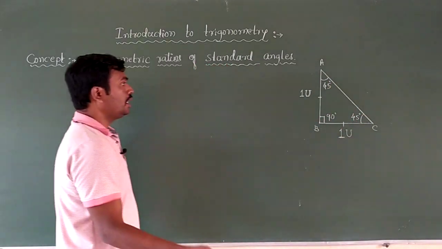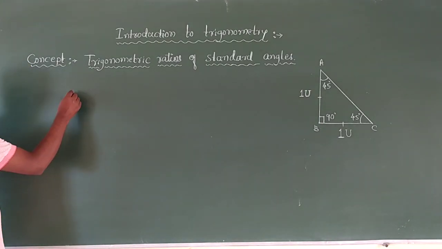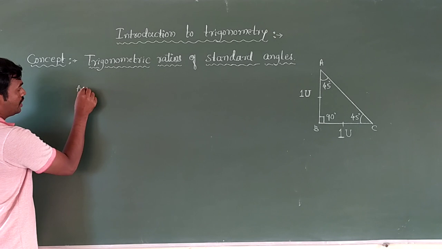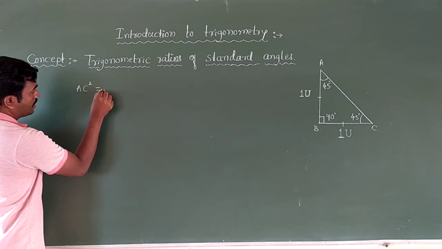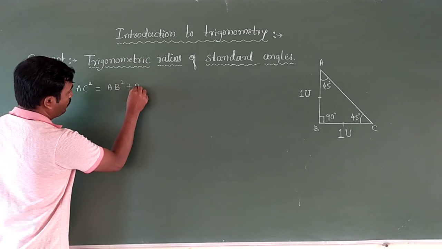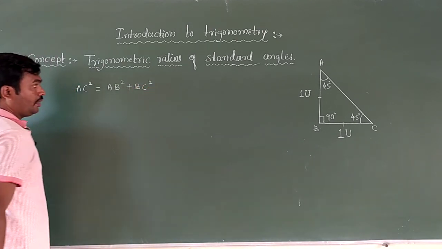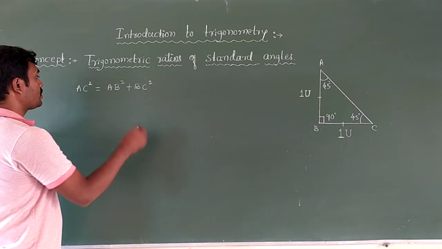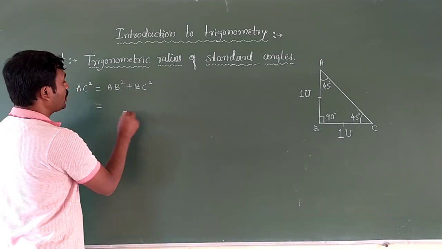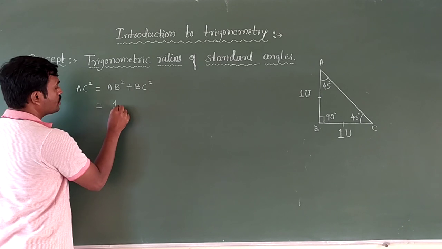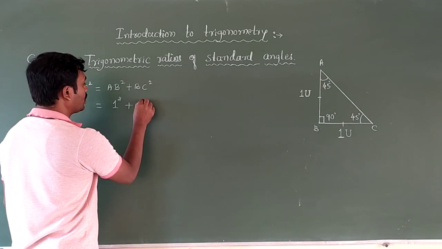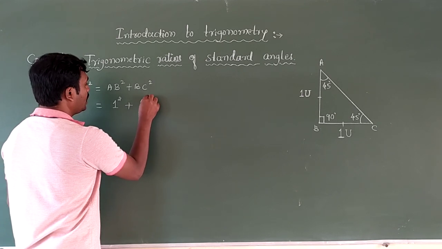To find that, we will use the Pythagoras theorem. The Pythagoras theorem tells us that the square on the hypotenuse, that is AC square, is equal to AB square plus BC square. AB is 1 unit, and BC is again 1 unit because it is an isosceles right angle triangle.